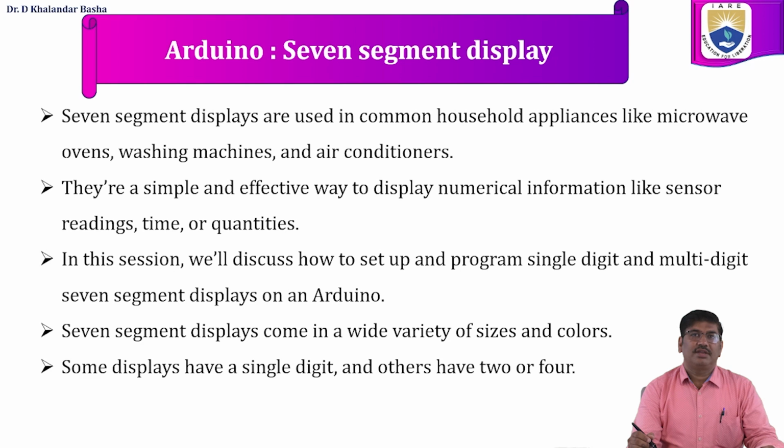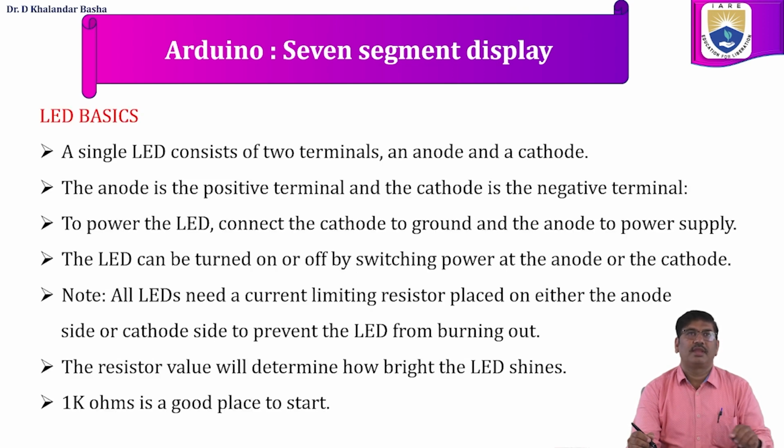In this session, we will discuss how to set up and program single digit and multi-digit 7-segment displays on an Arduino. 7-segment displays come in a wide variety of sizes and colors. Some displays have a single digit and others have 2 or 4 7-segment displays.